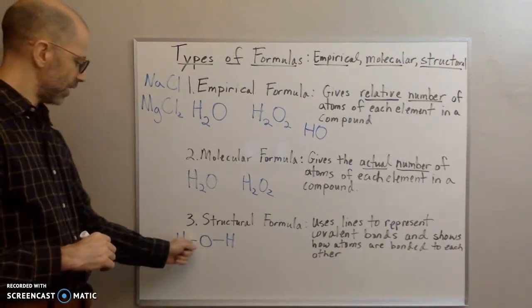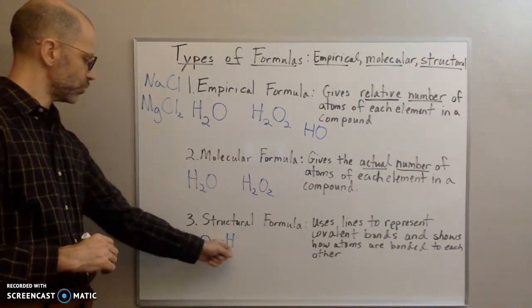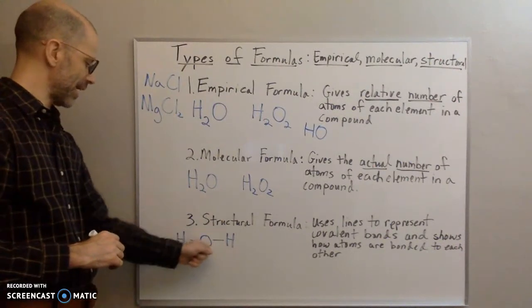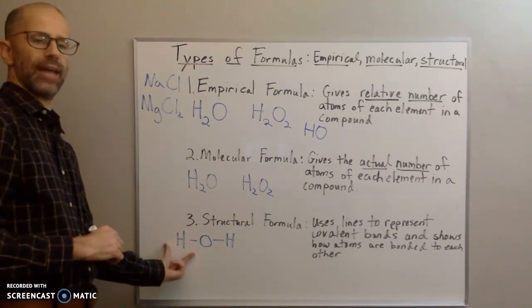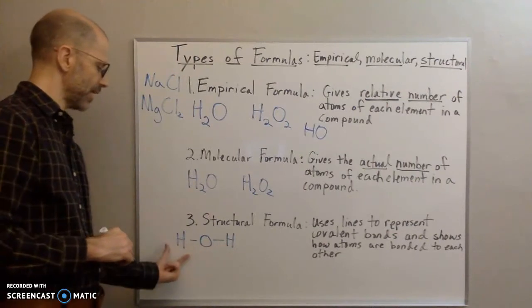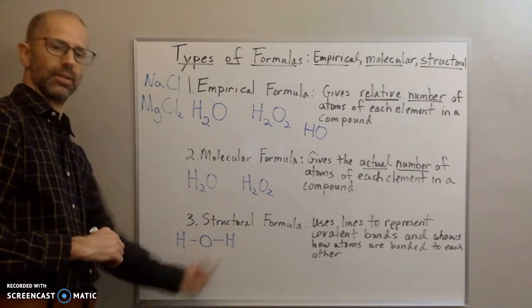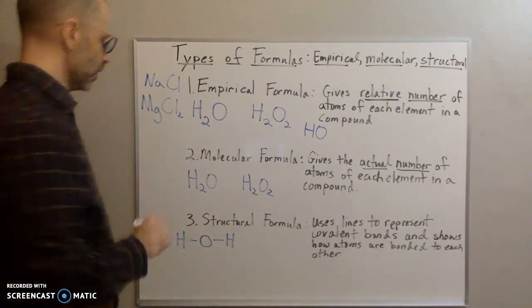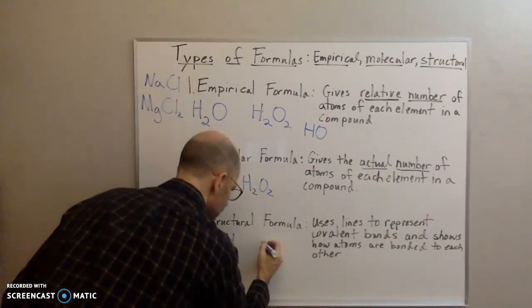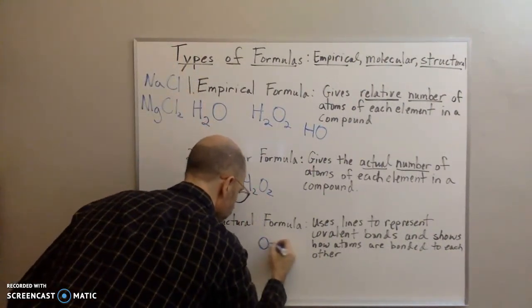So we see that the covalent bonds between hydrogen and oxygen are written as lines, and you can see that the hydrogens are connected directly to the oxygen. If we look at hydrogen peroxide, it would look like this.